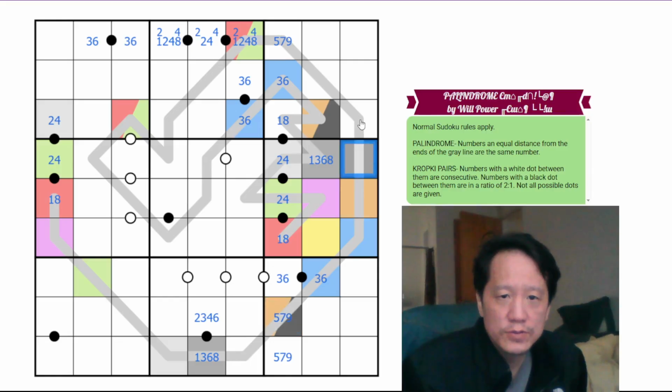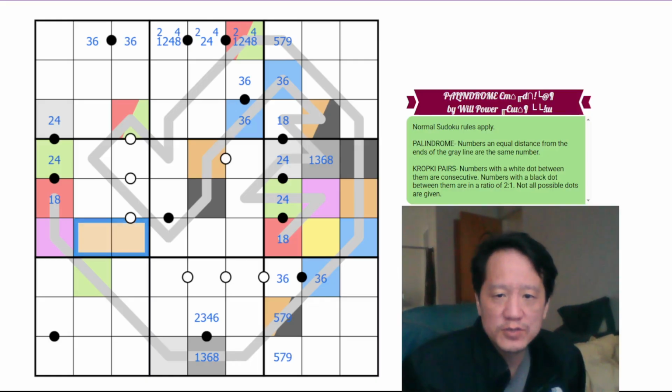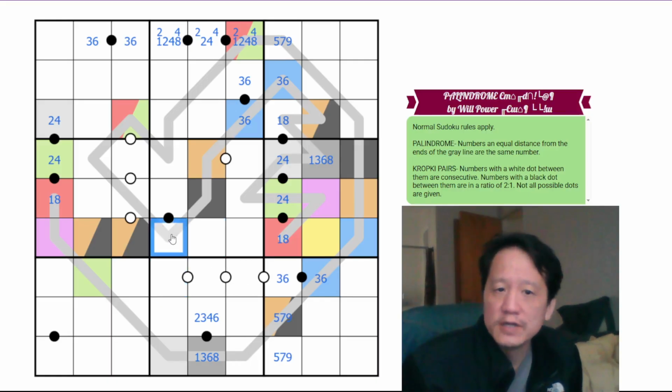That's 1, 2, 3. So this is orange, which makes this orange. This is dark, which makes that dark. We don't know which one that is. So this is orange and dark. These cannot be orange and dark, so this must be an orange-dark pair here. So this is not orange or dark.